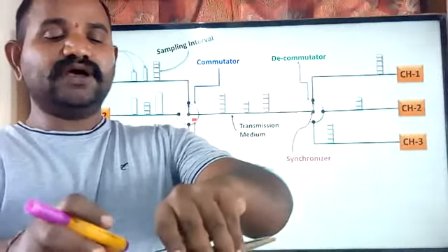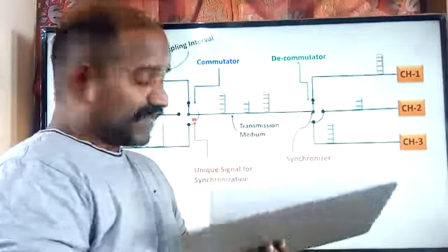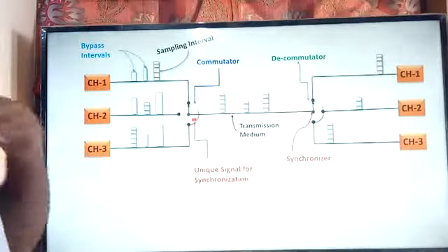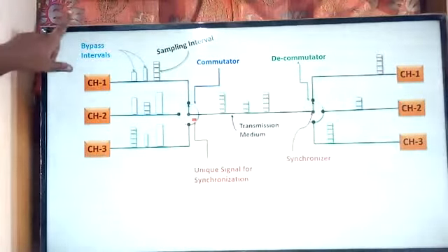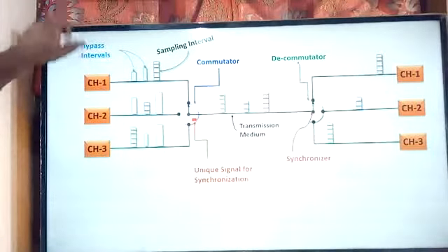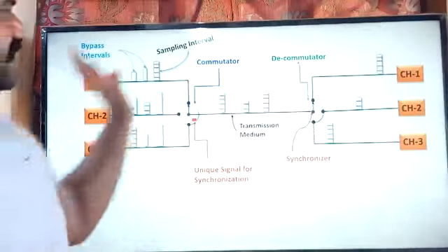Now the question is, what is the time division multiplexer? Here, on the board, I'm assuming I have three channels. I would like to send the three channels' information from the transmitting end to the receiving end.